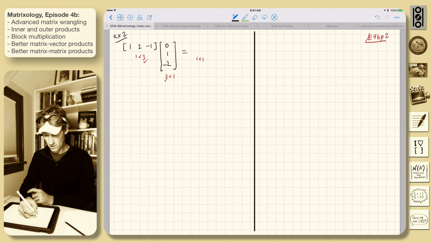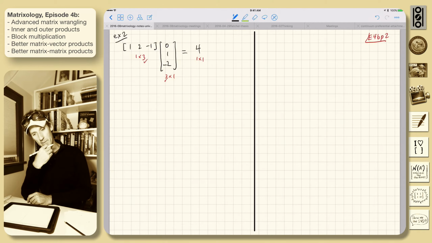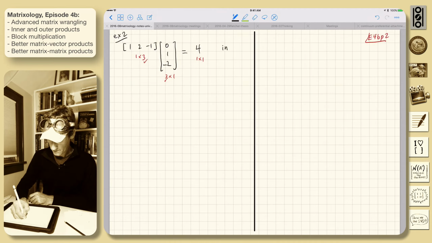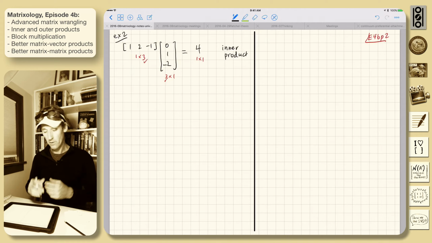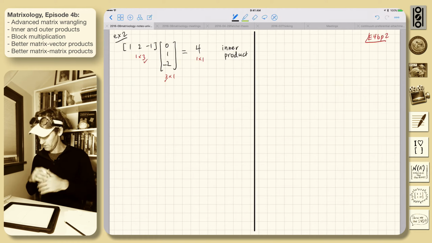So 1 times 0 plus 2 and then plus 2 again. So this is a 4. That matches up. So this is an inner product. This is a very lovely way of encoding these things, and we use them over and over again.